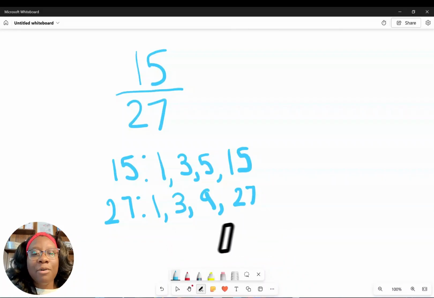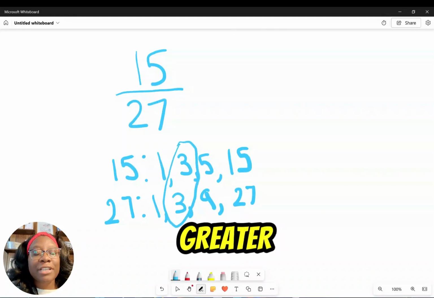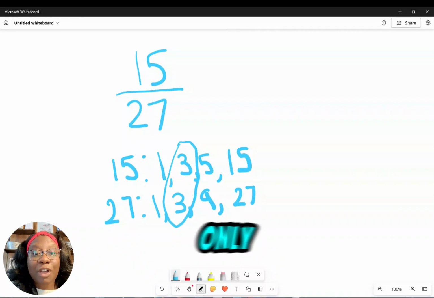All right, so now I have listed the factors for both of these numbers. And so it looks like 3 is a factor that they both have in common that's greater than 1. And it's also the only number that they both have in common that's greater than 1.